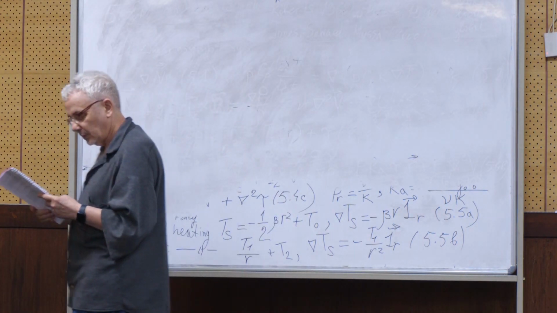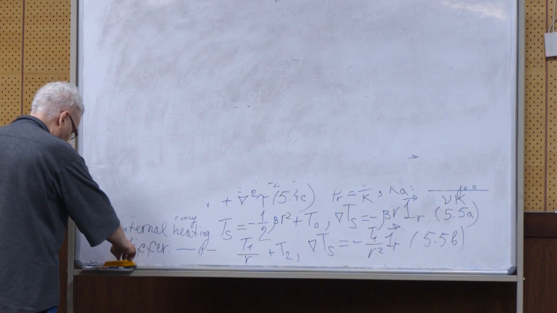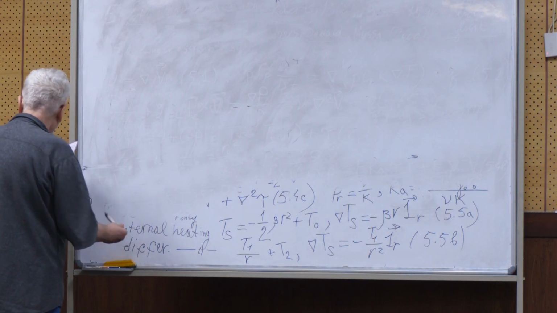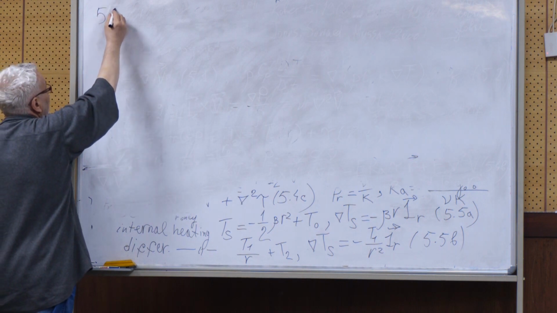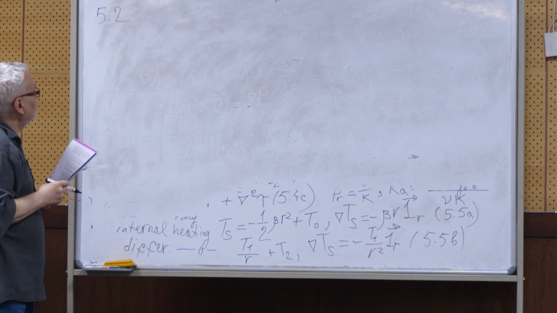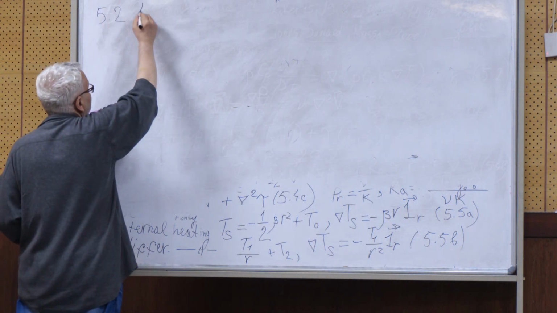Okay. Okay, now we proceed to chapter 5.2. Not chapter, more precisely to say maybe paragraph. It's local asymptotic.